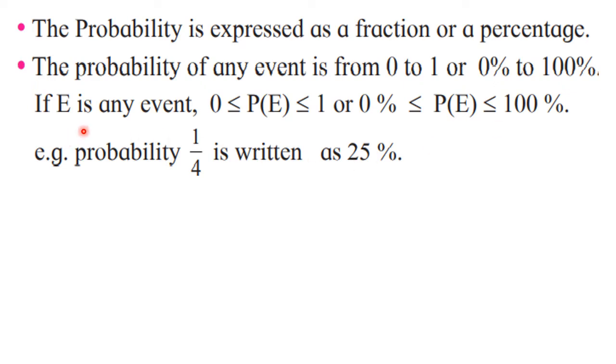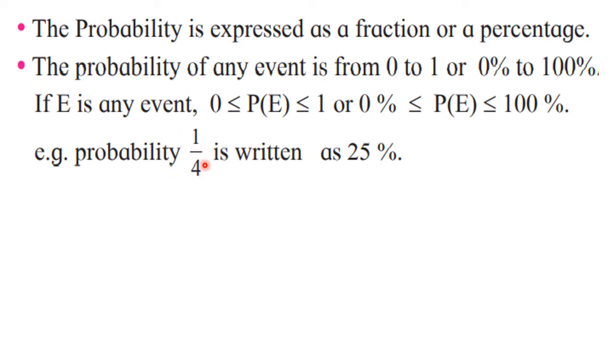So if E is any event, then the probability of that event is always greater than or equal to 0 and less than or equal to 1. Or in percentage, the probability is between 0% and 100%.